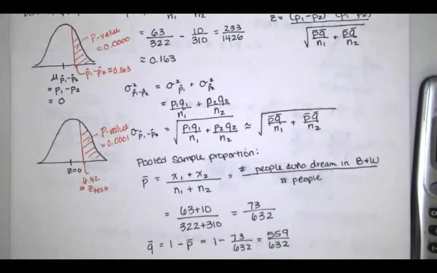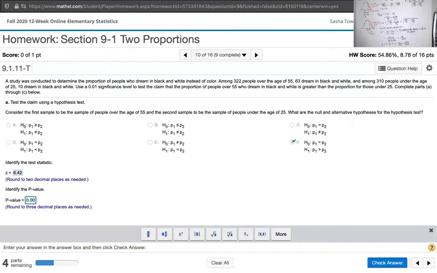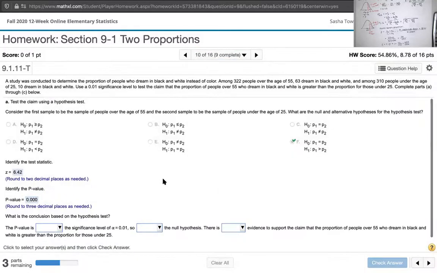So let's go back to MyLab Statistics. Okay, our p-value is 0.000 when we round to 3 decimal places. And 0 is definitely less than any alpha value. Alpha was 0.01. Since the p-value is less than our significance level of alpha equals 0.01, that means that getting a p hat, or p1 hat minus p2 hat, of approximately 0.163 is very unlikely given that the null hypothesis is true.